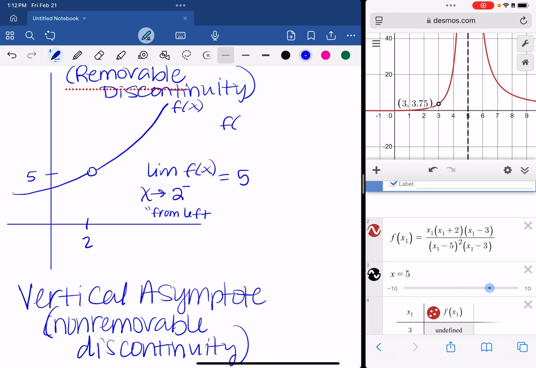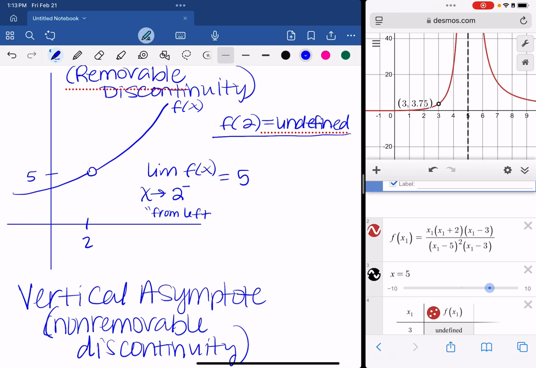Understand that f at 2 is undefined. A limit can have a value even though the function doesn't, because a limit is just saying where the graph is headed, what it is headed towards, whereas function evaluation tells you specifically what the function evaluates to. So in this example I have created, f at 2 is undefined because there's a hole at that particular point.